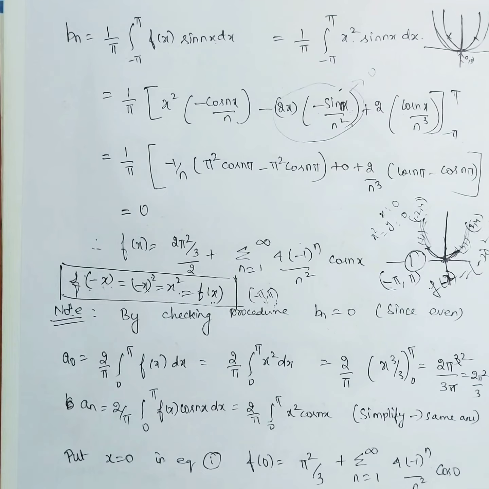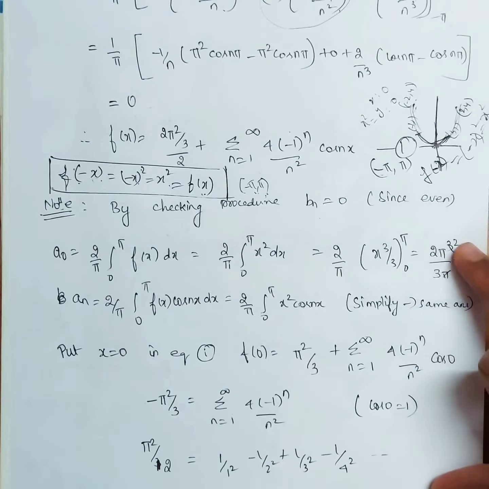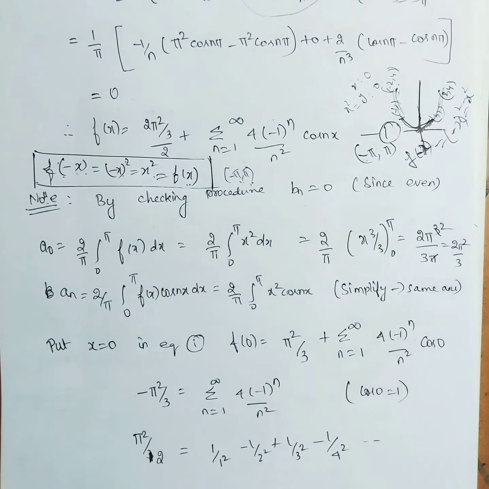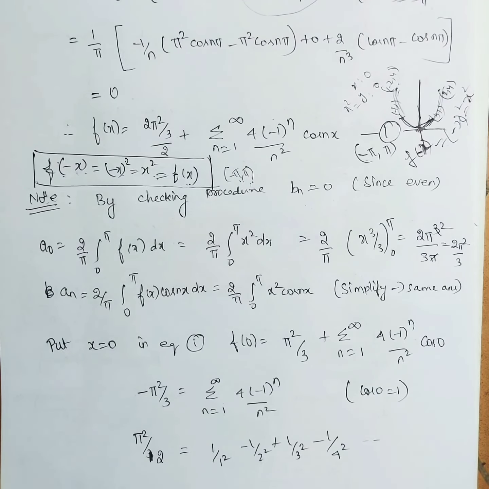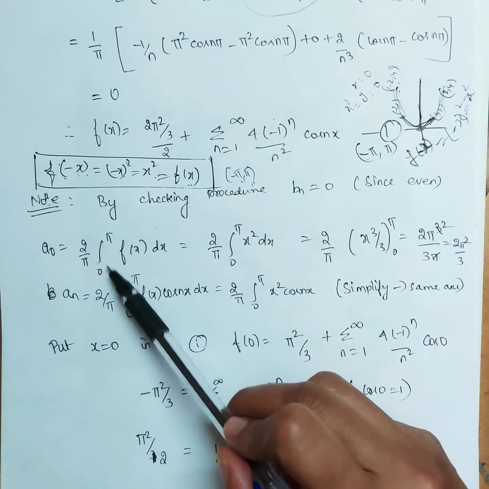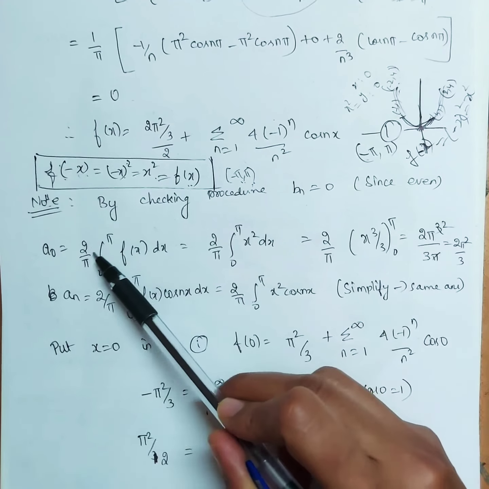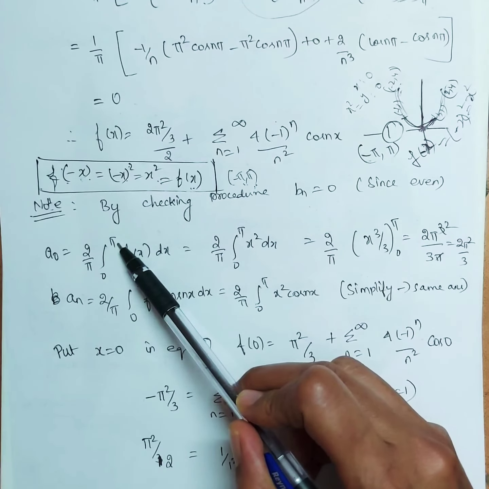That's it. So now you'll think that it's better to check whether the function is even or odd before solving it. But there is a slight change in the formula. There you wrote 1 by pi integral minus pi to pi in the formula, right? So here you are going to write 2 by pi integral 0 to pi. Why?